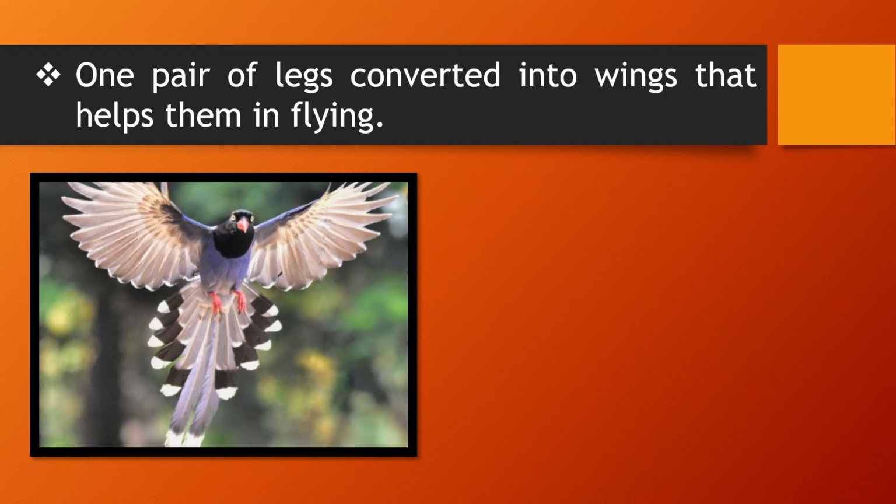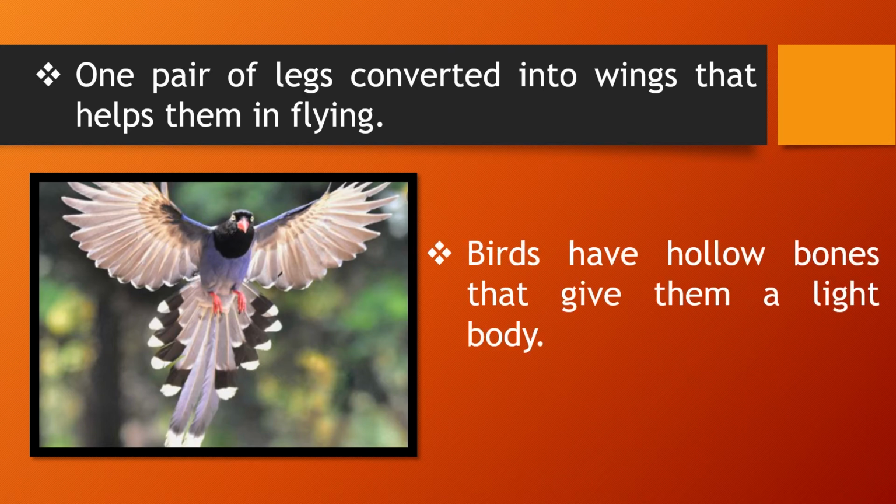Also, birds have strong and hollow bones which are light in weight. These lightweight bones also help them in flying because they reduce their body weight, so they can stay for a long time in air without getting tired.